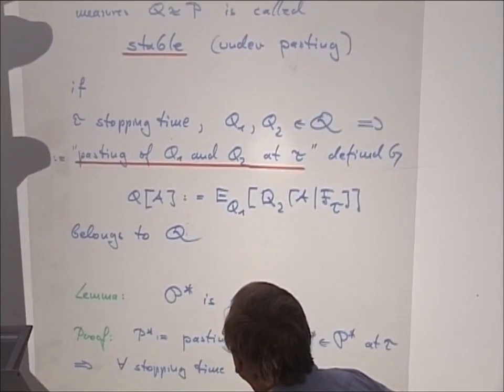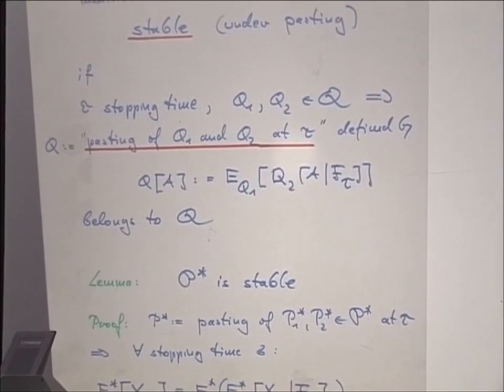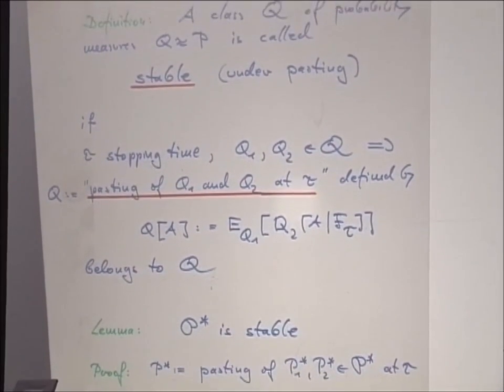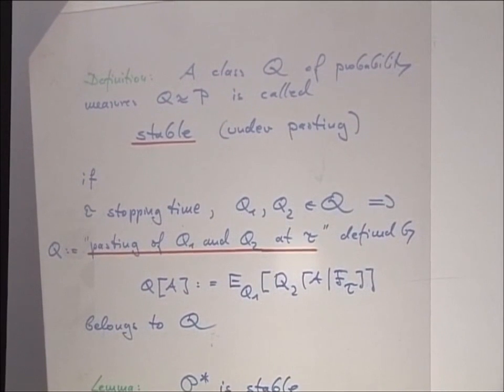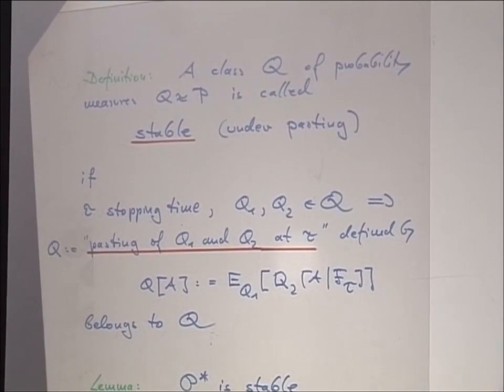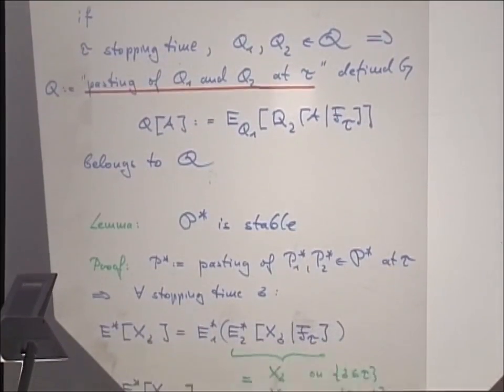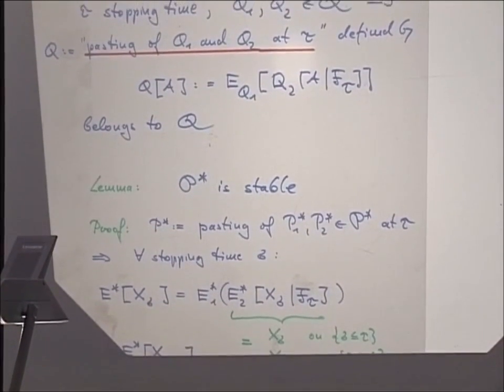So let's take some class of probability measures which are equivalent to the reference measure P. This class is stable under pasting if you can do the following. You take any two models, any two probability measures Q1, Q2, and you take any stopping time. Up to that stopping time, you use model number 1, and then you switch to model number 2.